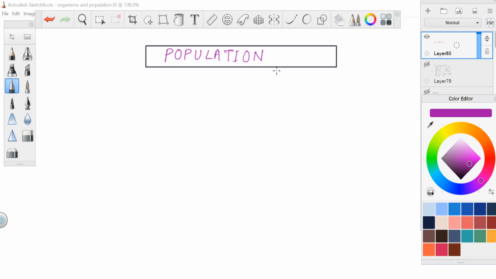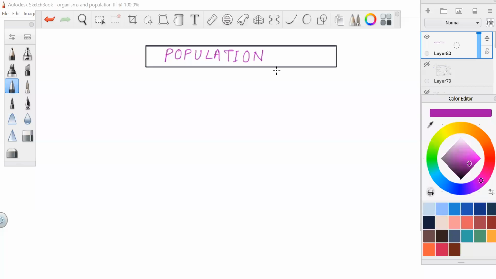So let us study about population. This also comes under the ecology section. Do you have any idea about this term? It's the number of individuals. Yeah. So why are we talking about population?